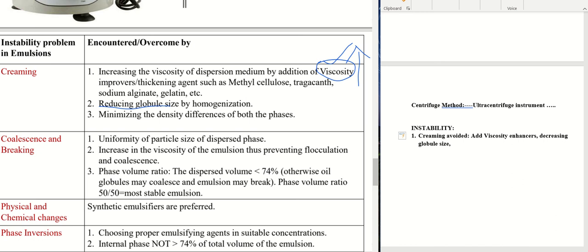The coalescence chance will be reduced. We should make sure that the globule sizes are uniformly distributed with a minimum size. And again, by decreasing the density differences, which is the major cause for the creaming. So these are the three different ways by which we can avoid creaming and thus we can improve the stability. And the next one is coalescence and breaking.